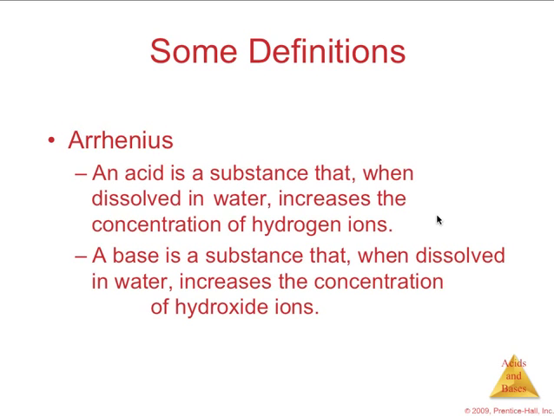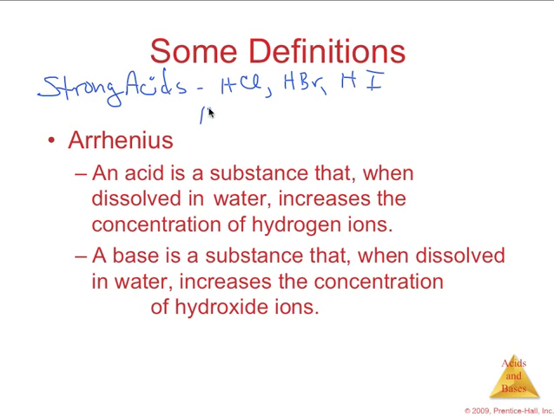Before we get to the Bronsted-Lowry, you need to know strong acids. These are acids that fully ionize in water, fully dissociate in water. Those acids are hydrochloric, hydrobromic, hydroiodic, perchloric, chloric, sulfuric, and nitric acid.